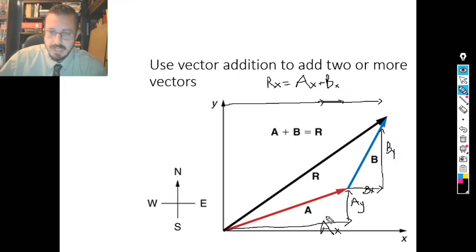And again, the way that we calculate the values of Ax and Bx is by using the same trigonometry that we looked at in the previous question. If we knew the values of these angles here, let's call them theta 1 and theta 2, and we knew the magnitude of these displacement vectors, then we would easily be able to resolve them, once we're comfortable with our trig, and then we'd calculate the resultant just by summing those x and y components respectively.